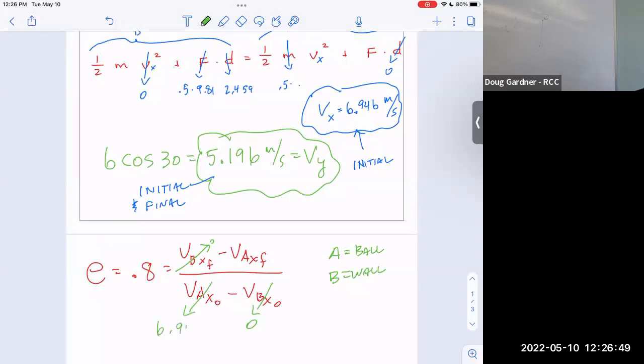6.946. So this is just a straight percent. If I take that 6.946 and say times 80%, when they're both moving, it's not quite that simple. You can't just take 80% of it and you're done. But when one of them isn't moving, like a wall, you actually can. 0.8 times 6.946. Yeah, but it's the velocity right before the impact.